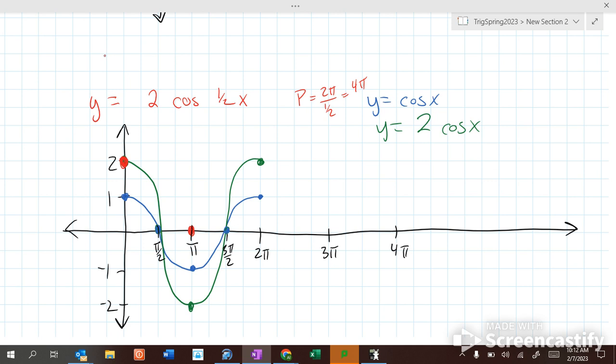This one, instead of being 4 over, is 8 over. This one, instead of being 6 over, is 12 over. And this one, instead of being 8 over, is 16 over. So there we are.